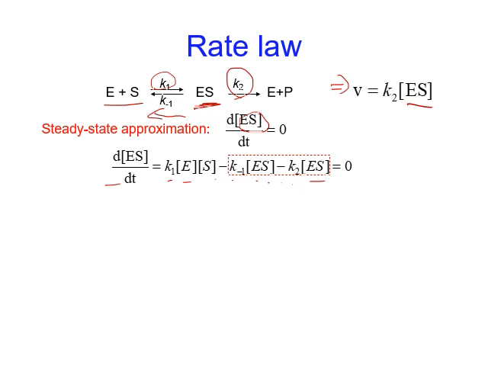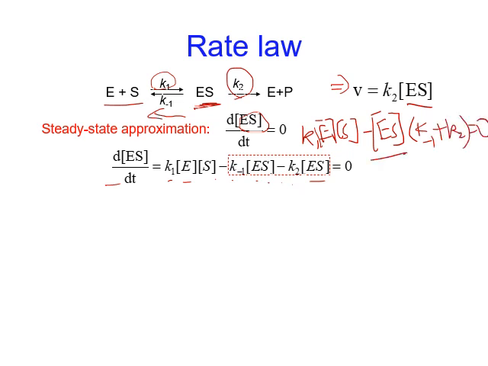Factor ES, so this becomes k1 E S minus ES, this is the one we want to find out, times (k-1 plus k2) equals 0. And ES can be calculated to be k1 times E times S divided by (k-1 plus k2).